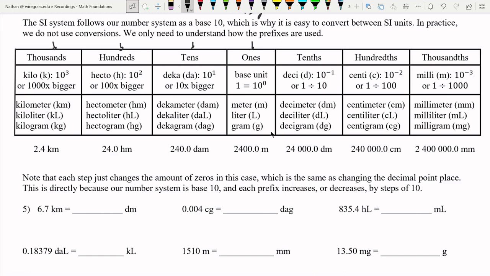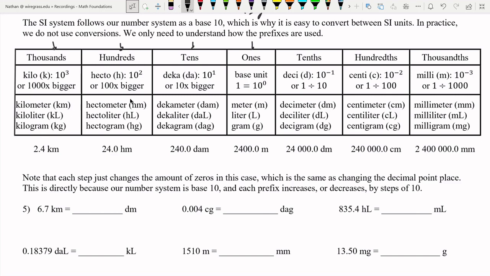And then as we go to the larger units, so the tens, we're going to use the prefix deca, so decameter, decaliter, decagram. That's going to be 10 times bigger than the base units, 10 times bigger than a meter. The hundreds is hecto: hectometer, hectoliter, hectogram. And then the thousands is kilo: kilometer, kiloliter, kilogram.